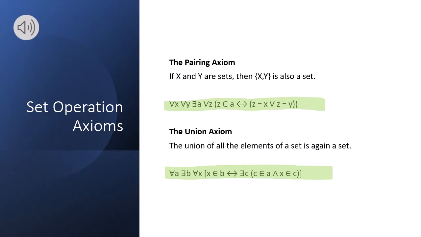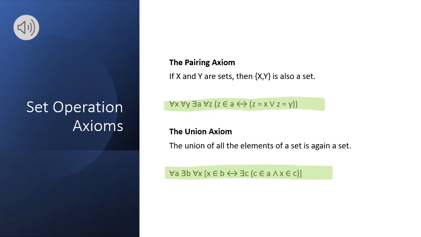Now, in first order logic, it says essentially the following down there in green. For every set A, there exists a set B such that for every x, x is in B if and only if there exists some C such that x is in C and C is in A, so that you're a member of a member.